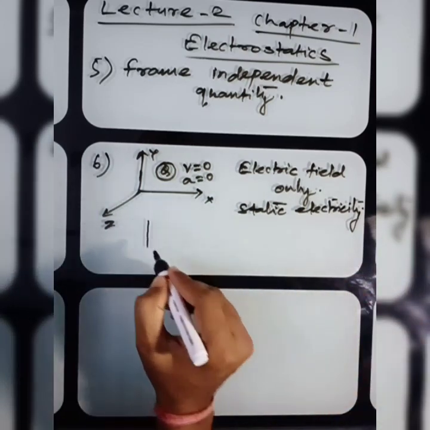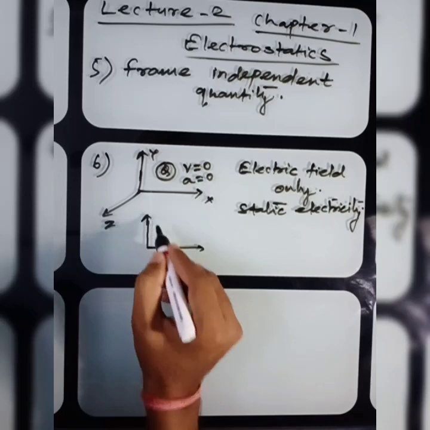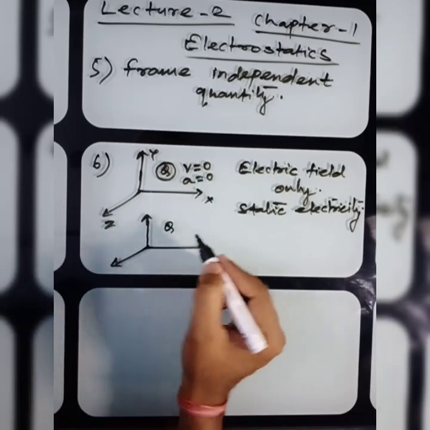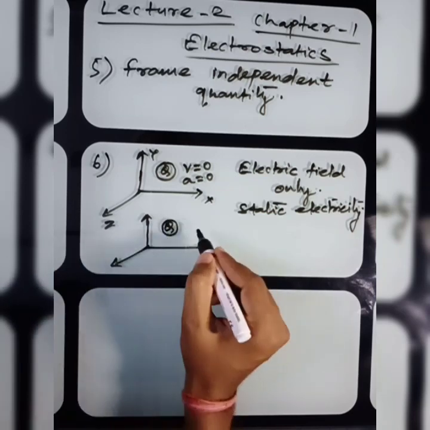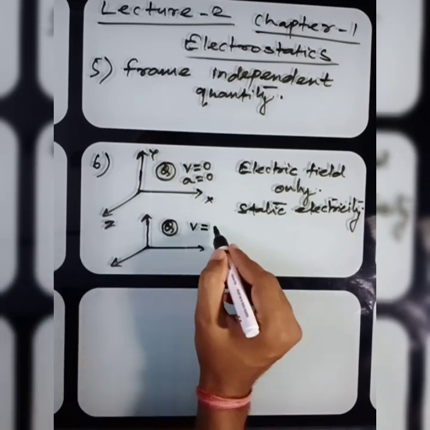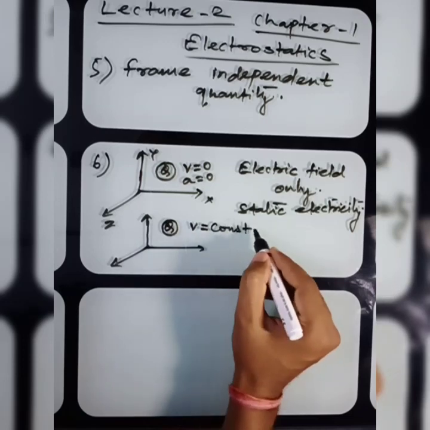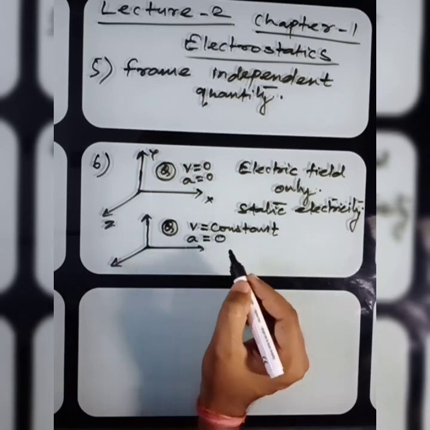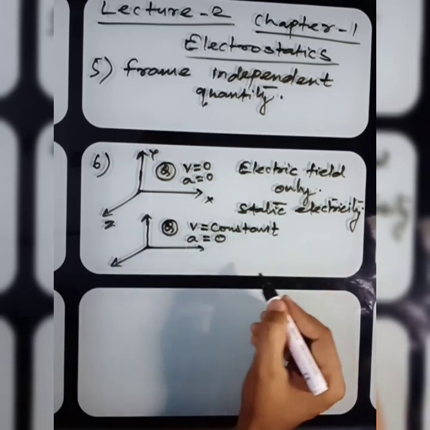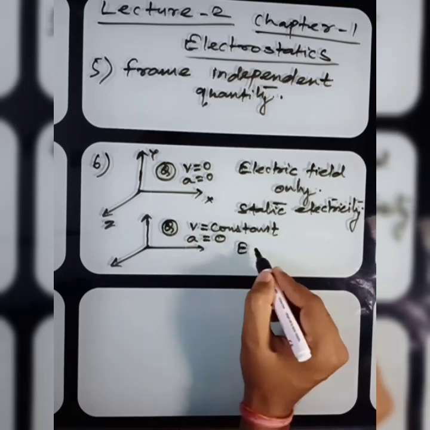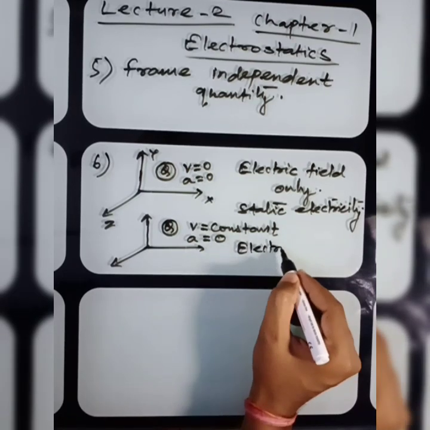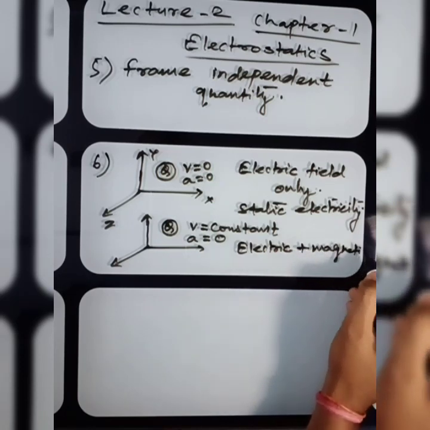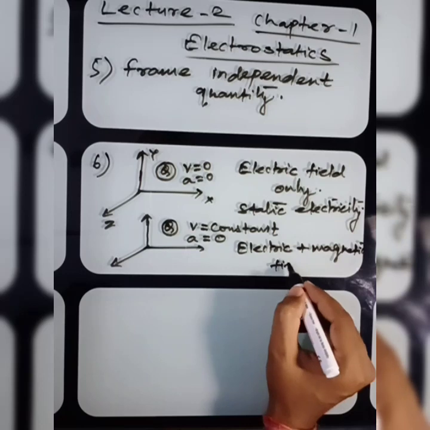But if a charge is placed in a frame and the charge is moving with constant velocity, remember, with constant velocity but acceleration 0, in this case it will produce electric plus magnetic field, both.